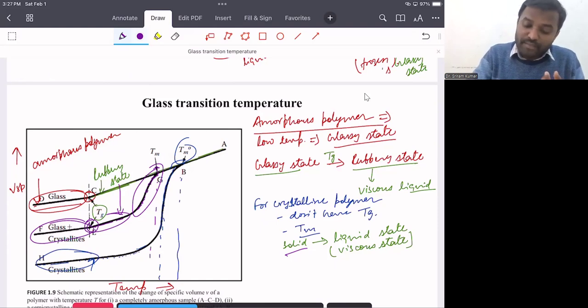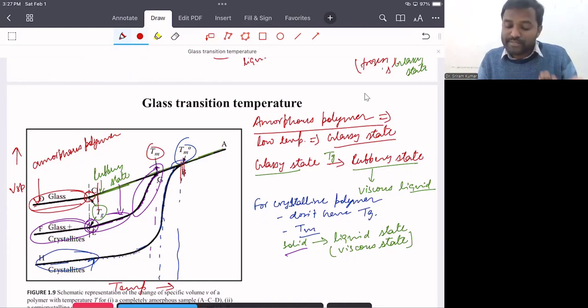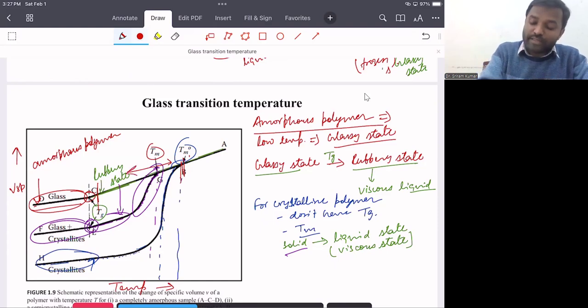These Tm values can vary from here to there, depending on the percentage of crystallinity. Suppose you have high crystallinity, then the Tm is close to that of the pure crystalline polymer, and if there is very little crystallinity or a more amorphous structure, this Tm will be lower. So that depends on the percentage of crystallinity in that polymer.